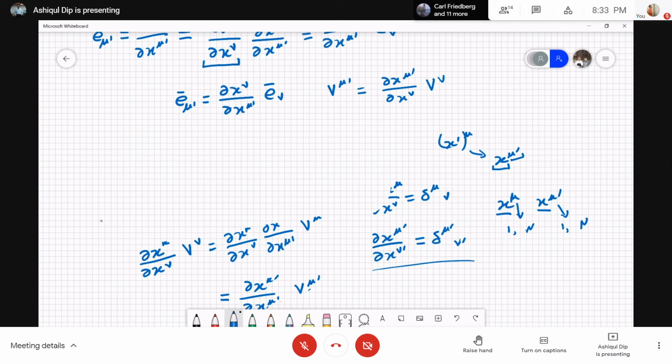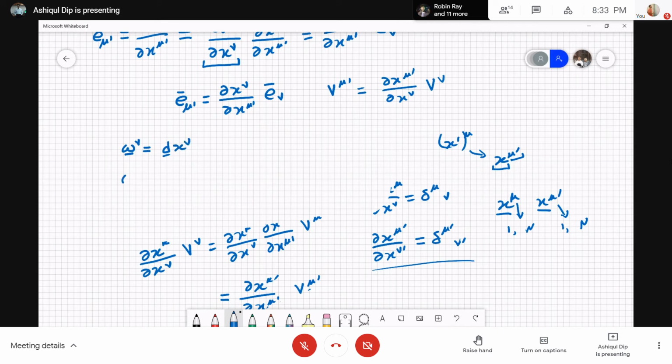So for one-forms, we have the basis, so the bases are ω^ν, right? And the definition of ω^ν is dx^ν.